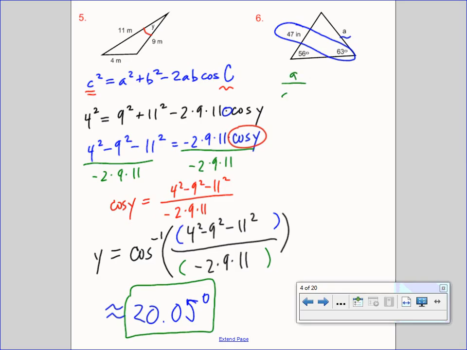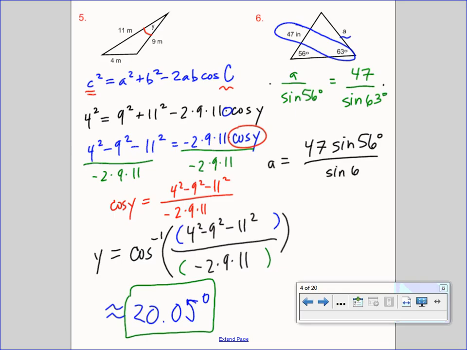A is to the sine of 56 degrees, just like 47 inches is to the sine of 63 degrees. And this is a one-stepper. We can solve by multiplying both sides by sine of 56 degrees to isolate the A. What does A equal? A equals 47 times the sine of 56 degrees, all over sine of 63 degrees.